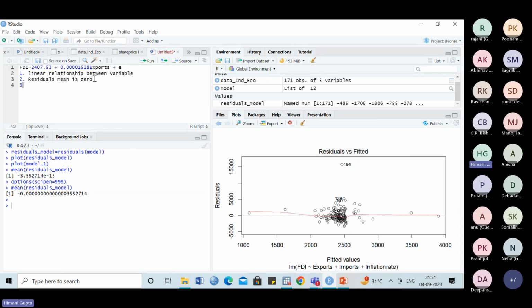Okay, let's move to our third assumption. The third assumption is saying residuals should be normally distributed.